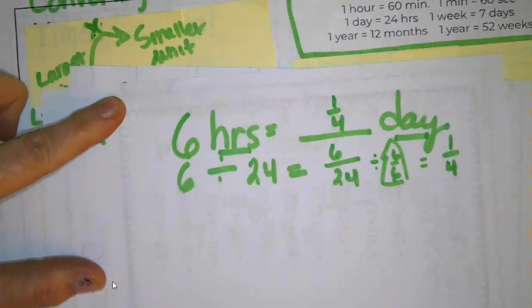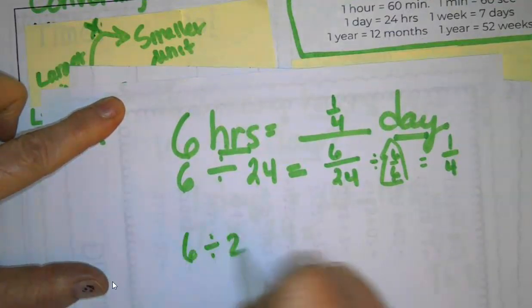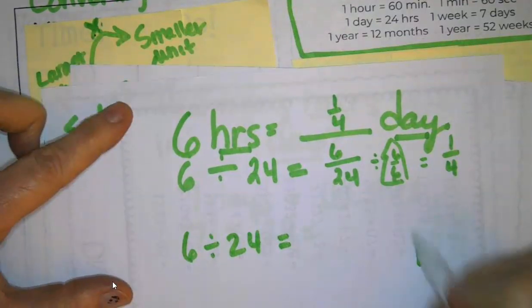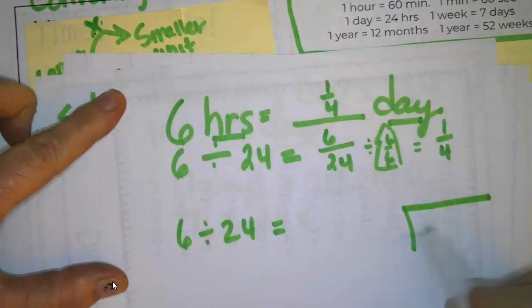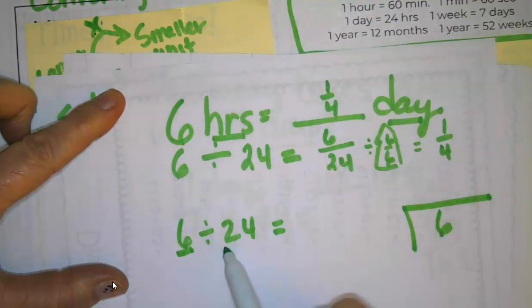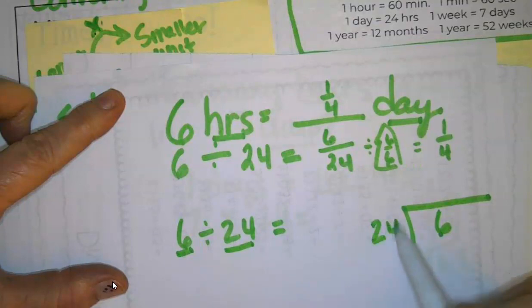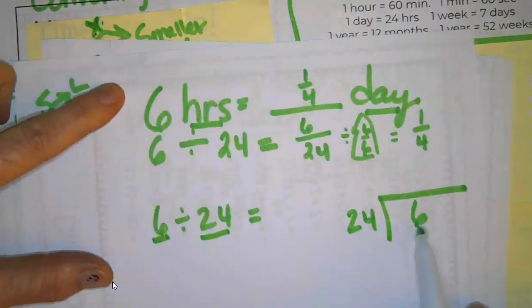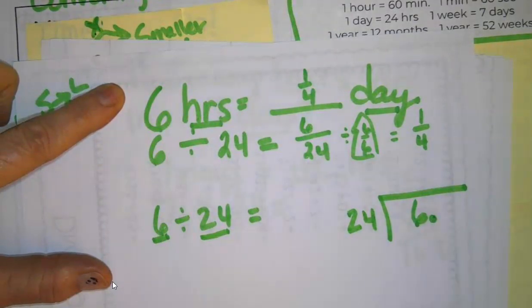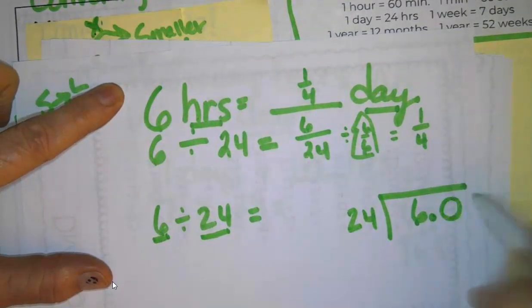The other way I can do this problem is I can write my answer as a decimal number. I know that 6 divided by 24 can be solved in a long division problem. My dividend is 6. My divisor is 24. I know 24 will not go into 6 as we see it, but I can put my decimal point at the end of my 6 and annex a 0.